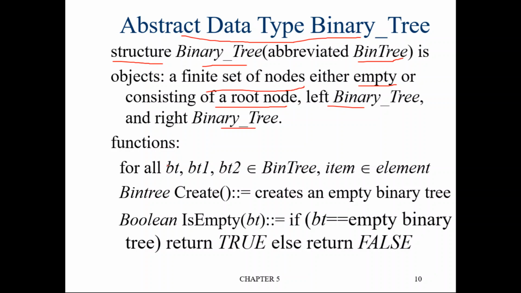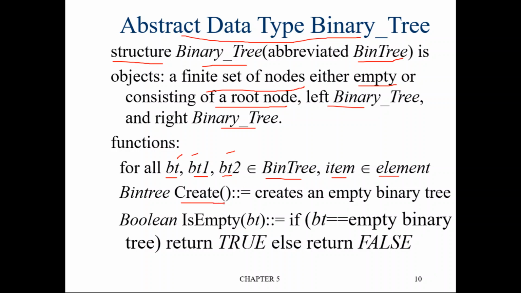And what are the functions that can be performed on a binary tree? BT, BT1, BT2 are objects of binary tree. They belong to binary tree. If there is an item which belongs to element, then you can create a binary tree.